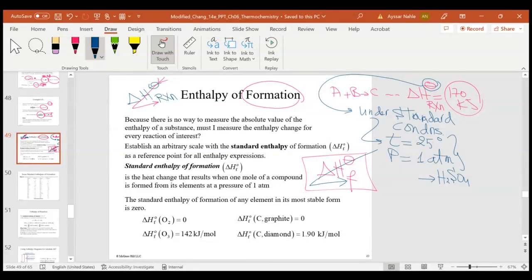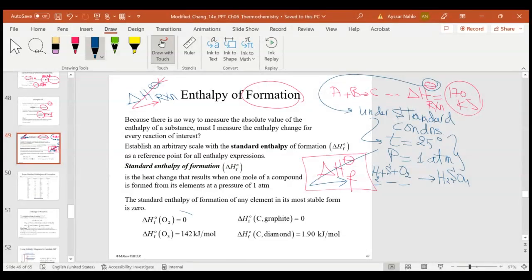I should have hydrogen, but it should be in the form of H2, plus sulfur, which I keep as S, plus oxygen as O2, and that will give me this compound. So element plus element plus element gives me this compound. I form a compound from its elements at their standard state, and that's what we call formation.